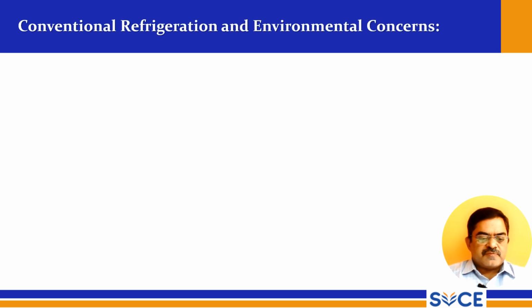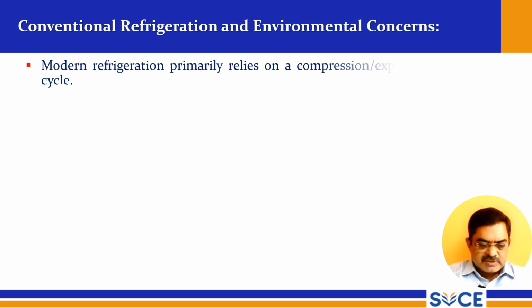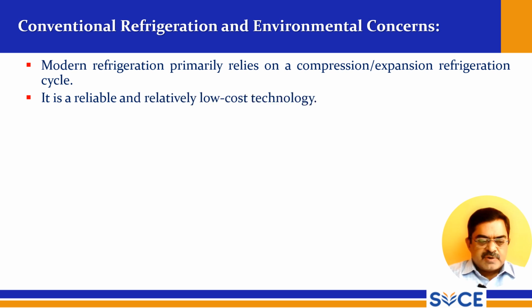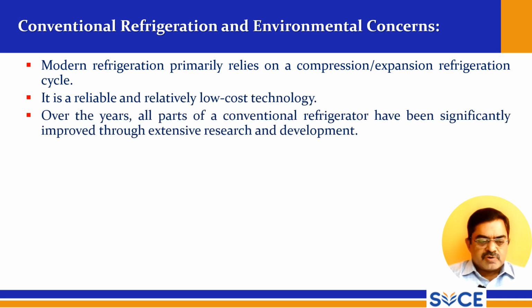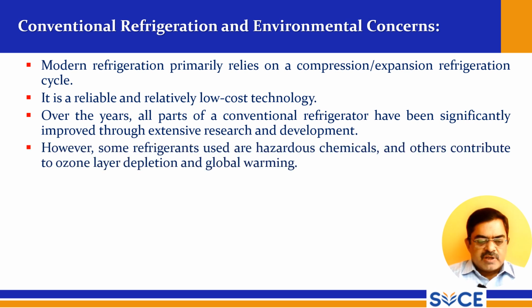So, conventional refrigeration and environmental concerns. Modern refrigeration primarily relies on the compression, expansion and refrigeration cycle. So it is a reliable and relatively low cost technology. Over the years, all parts of the conventional refrigerator have been significantly improved through extensive research and development. However, some refrigerants used are hazardous chemicals.